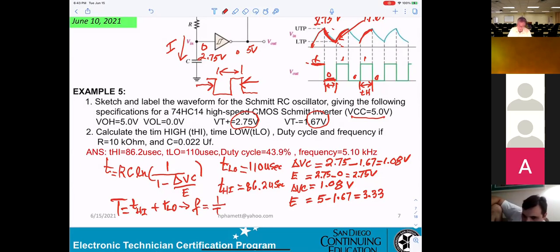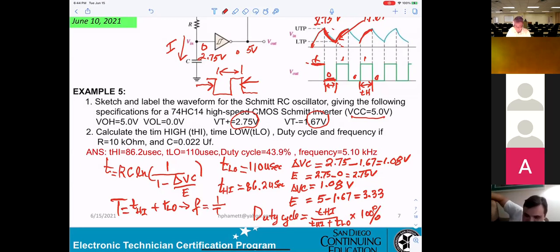And if you want the duty cycle, it will be equal to T high divided by T high plus T low, times 100%.